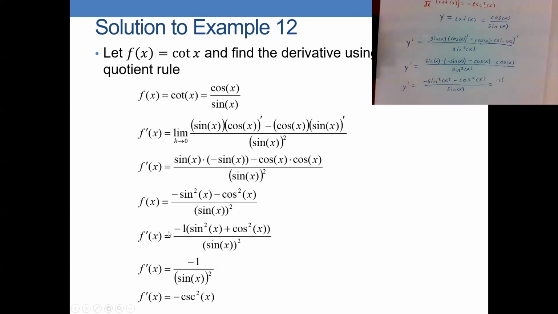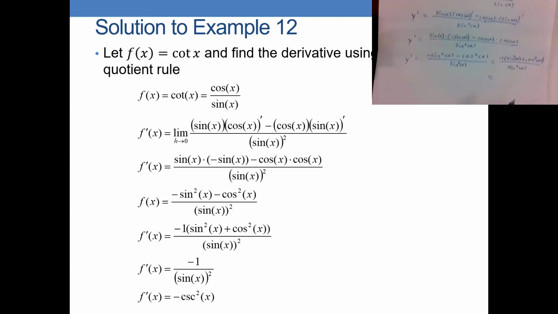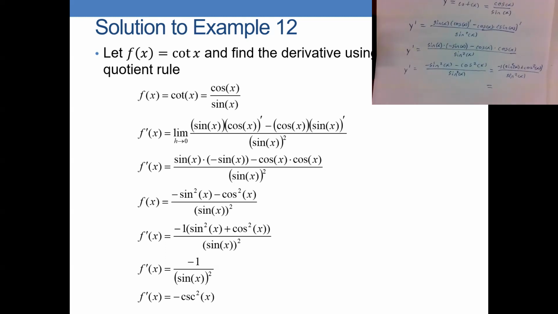And if I factor out a negative, I get sine squared plus cosine squared. And that should be squared, I forgot it. And again, this is equal to 1.